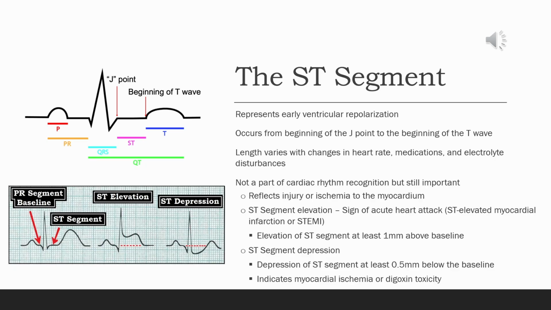Sometimes if the ischemia continues to occur, then we end up seeing ST elevation, which, as we know now, is a sign of an acute heart attack. So we always want to compare the ST segment changes with the patient's clinical presentation. Symptoms like chest pain, diaphoresis, or shortness of breath can help us to confirm that the patient's having a cardiac event.